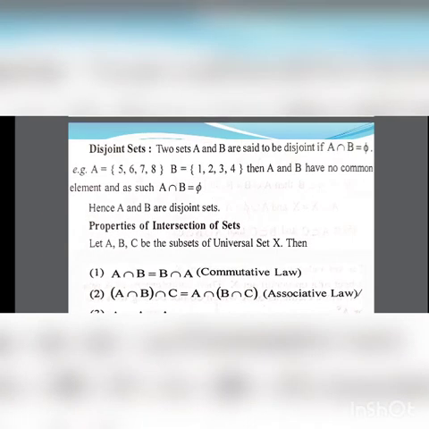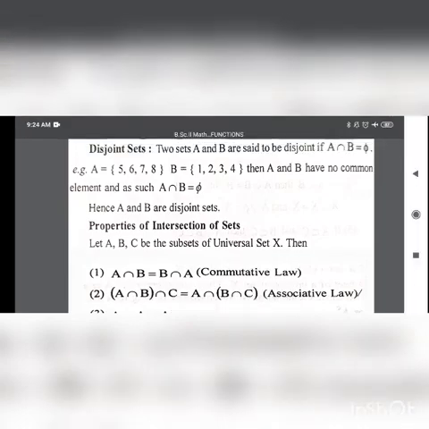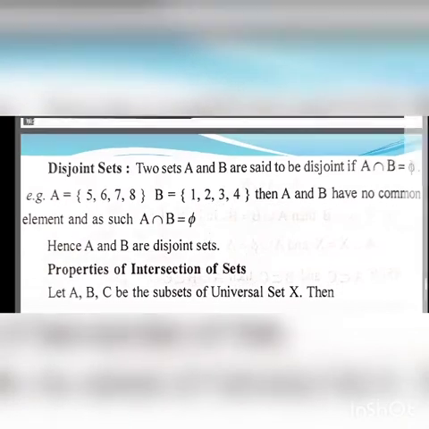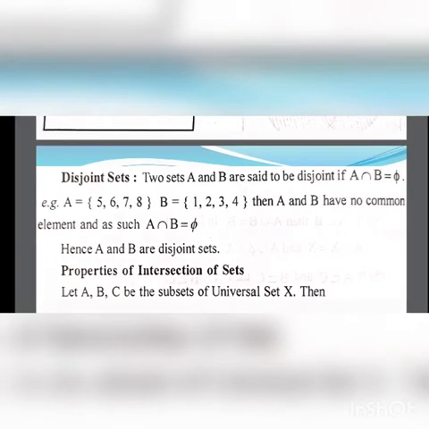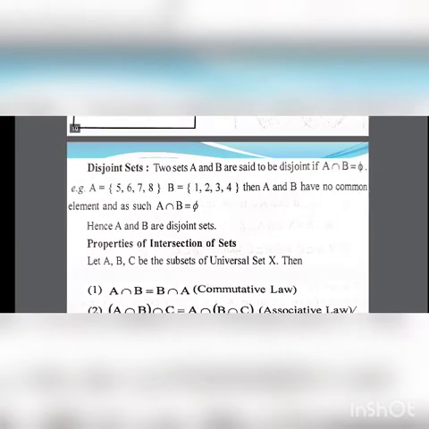Then A and B have no common element. Therefore, the intersection between them will be the empty set phi. So here A and B are disjoint sets.